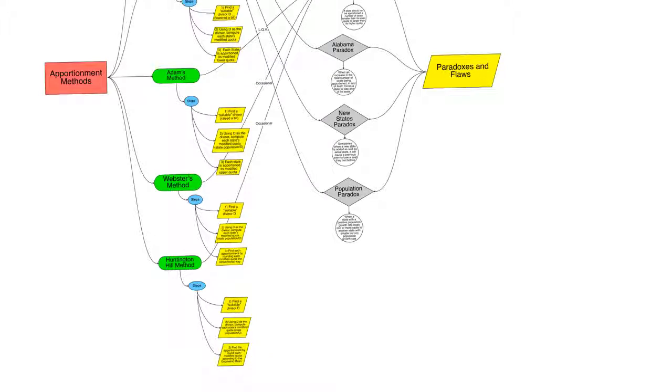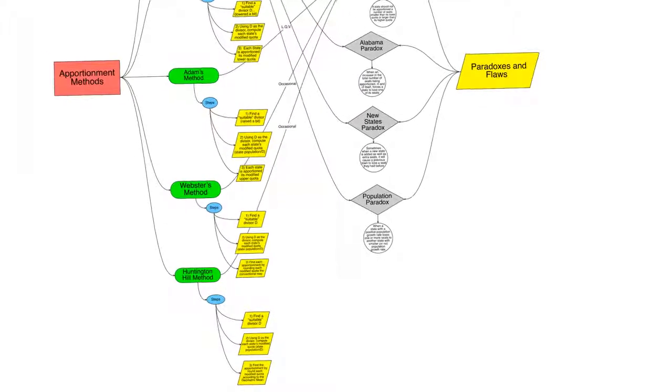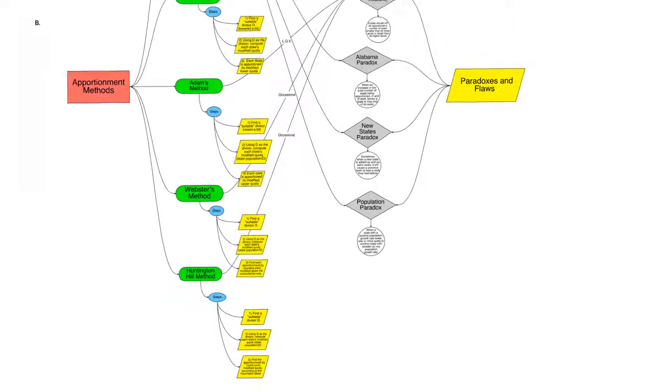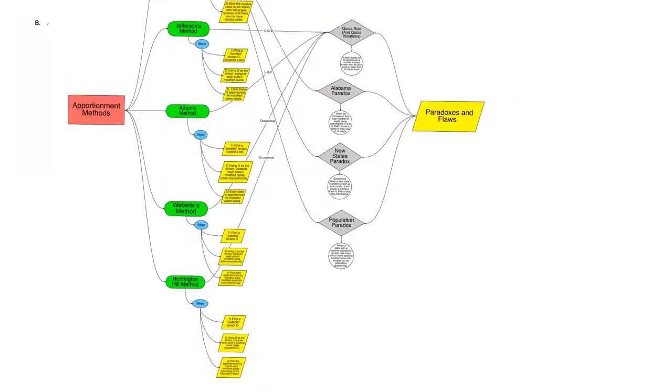I had also mentioned that the Huntington-Hill method is the method used by the United States Congress. That is a good piece of trivia. I would not be surprised if that's actually a question on the test. And also, the Huntington-Hill method violates the quota rule occasionally, where it might violate the upper or lower quota.